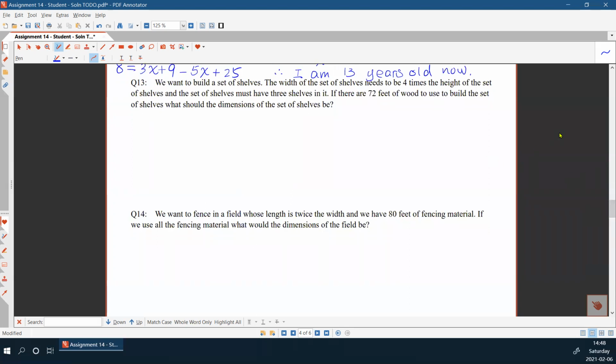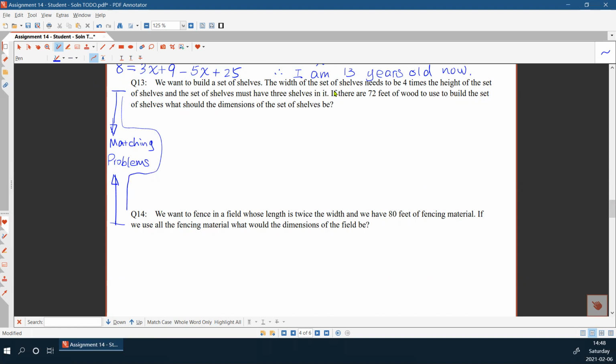Okay, question 13 and question 14 are actually typical matching problems. Okay, we call these matching problems. Okay, let's see question 13 first. We want to build a set of shelves.